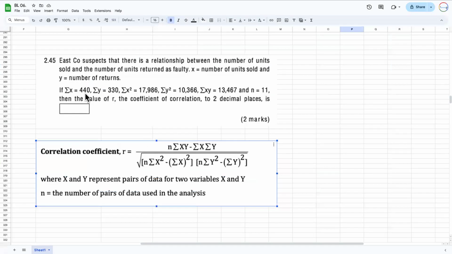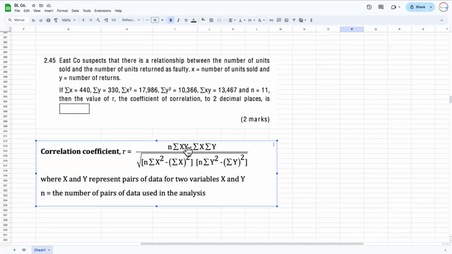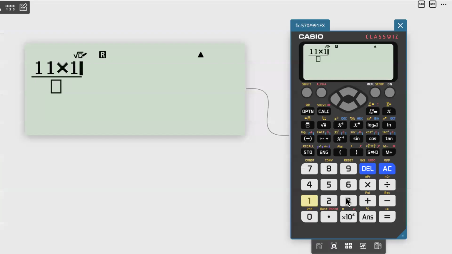Right, so now I can apply the same formula, for your practice. n is going to be 11 in this question. So 11 into sigma xy, sigma x times by y, carefully chosen, that is 13,467.